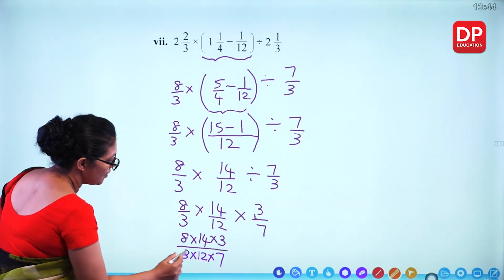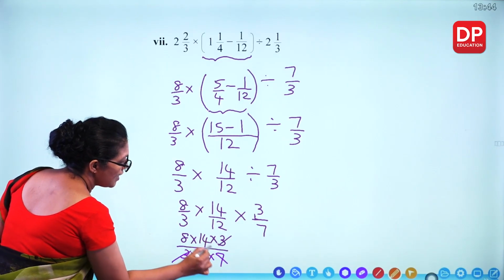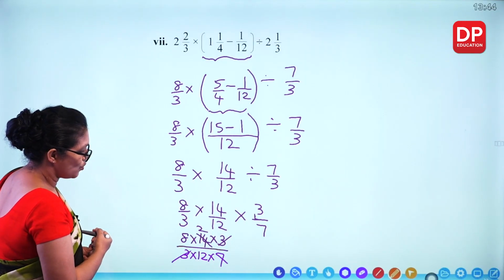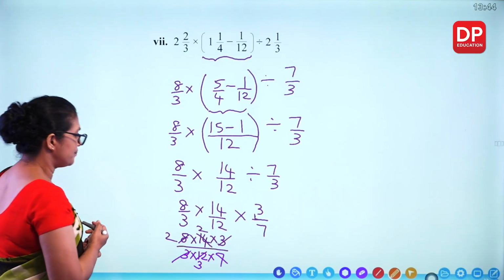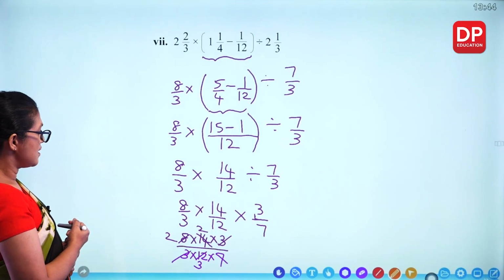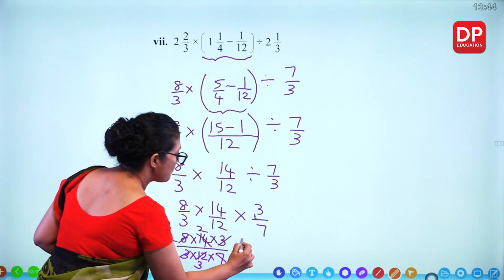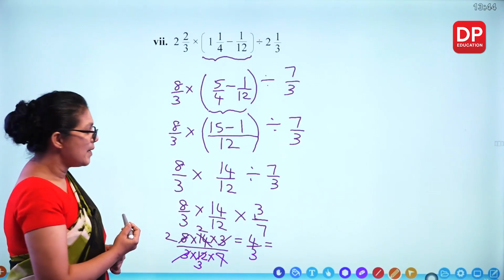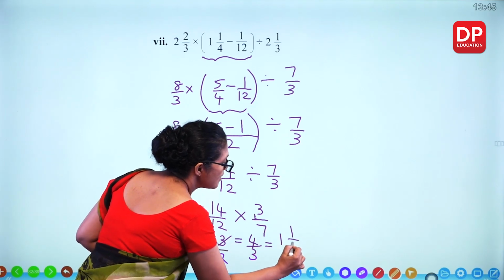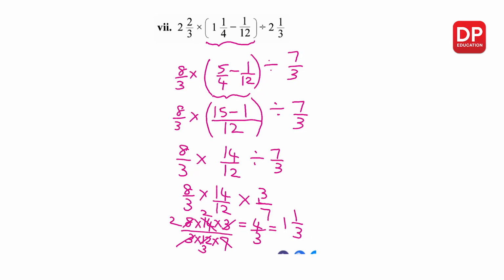Can we simplify? 3 and 3, 7 and 2. Then 4 times 2 and 4 times 3. So what's the final answer? 4 over 3, or write as a mixed number, 1 and 1/3.